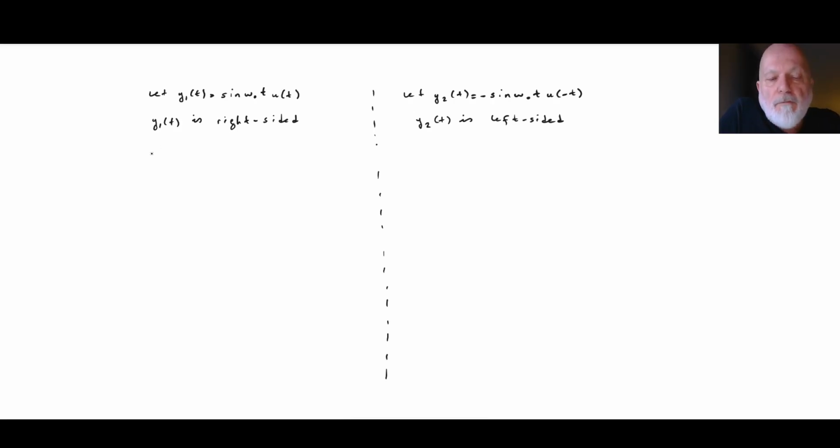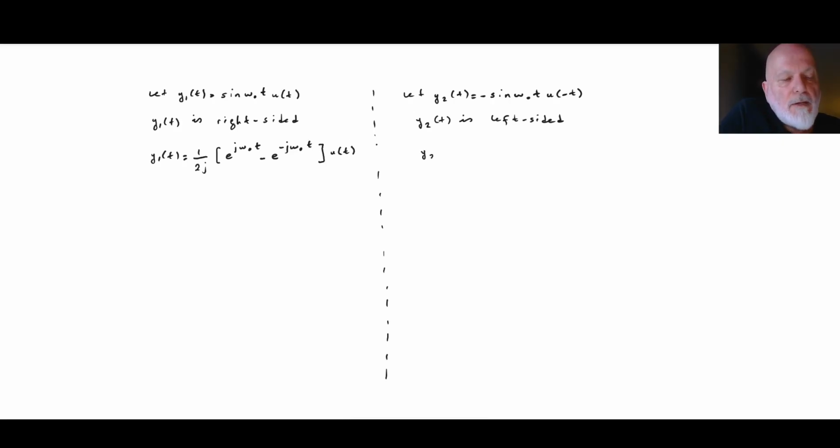So y1 of t can be written as 1 over 2j, e to j omega 0 t minus e to minus j omega 0 t, u of t.